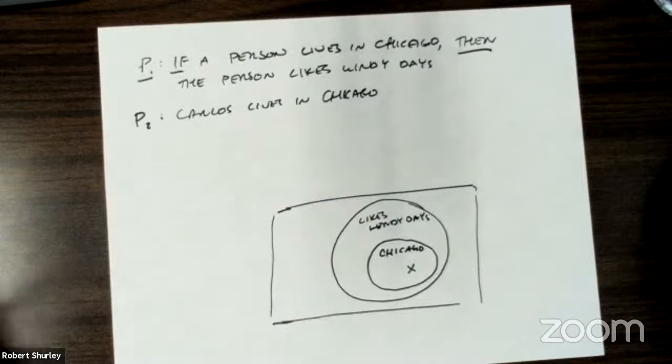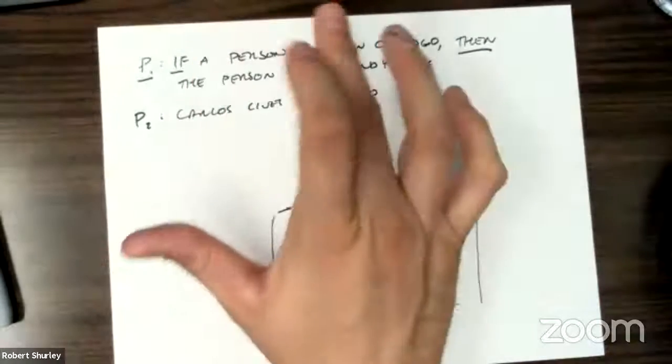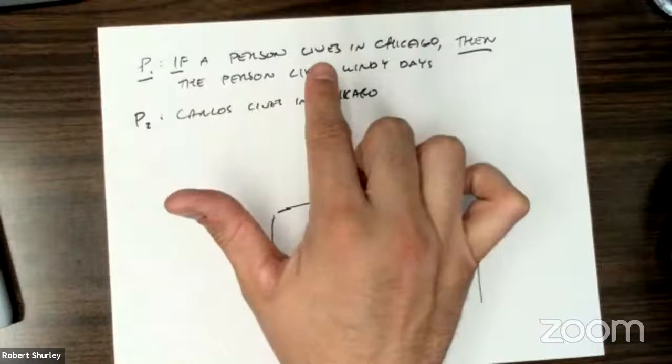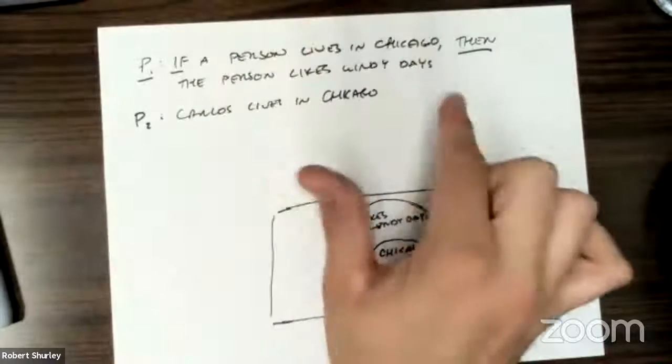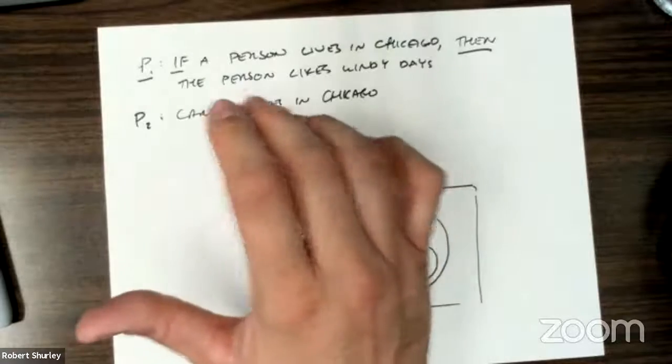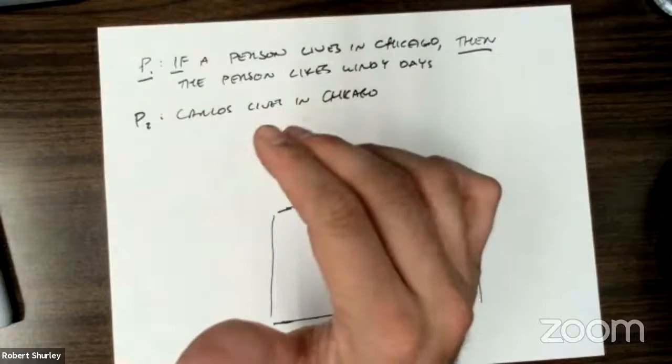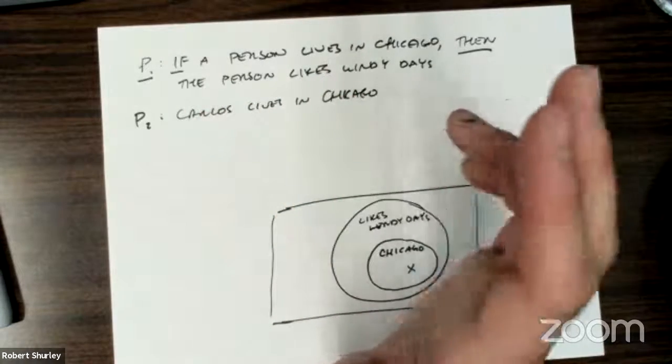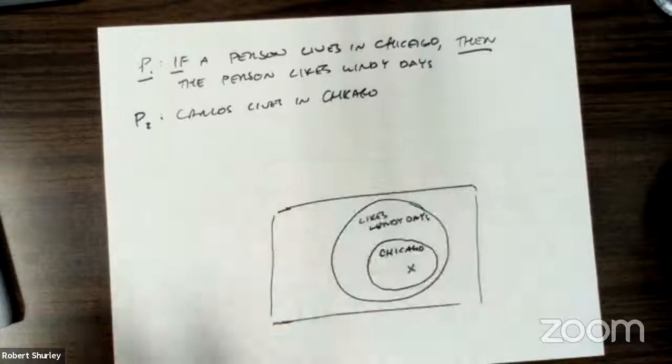Your book kind of breaks it down with like an if P, then Q type statements, and it being valid or invalid. And for this one, it's look, if P, then Q. So if a person lives in Chicago, then the person likes windy days. If P is true, then Q also has to be true, right? That's a valid statement. Okay, it's kind of goofy.